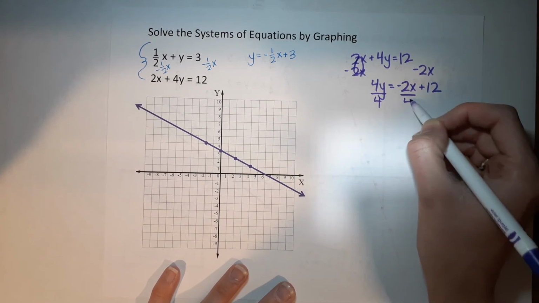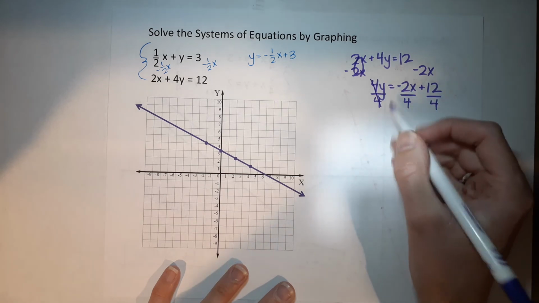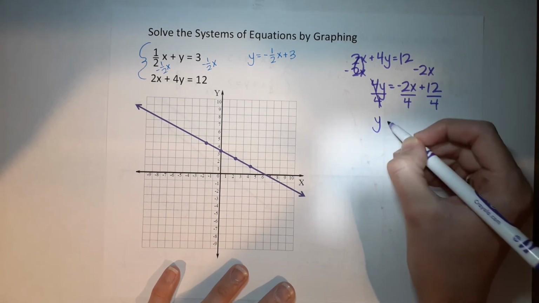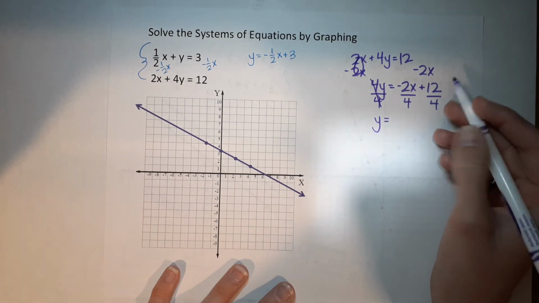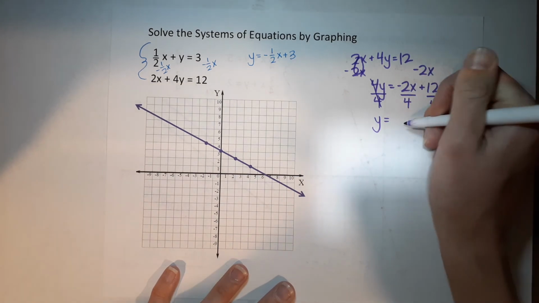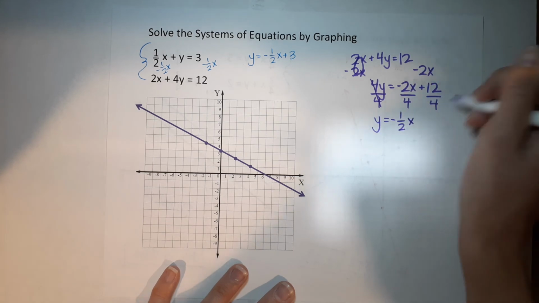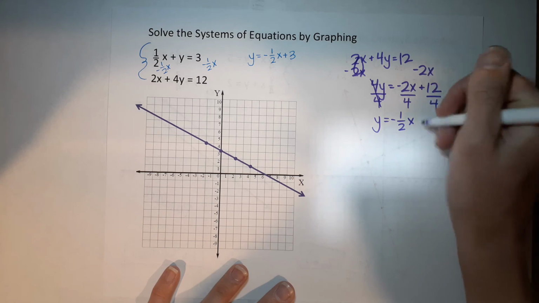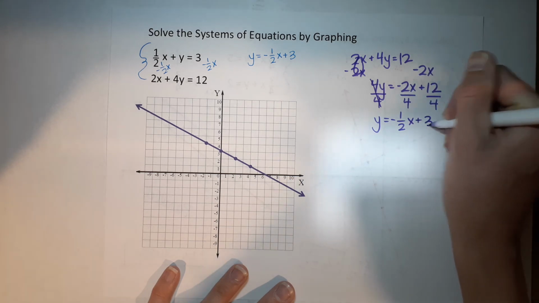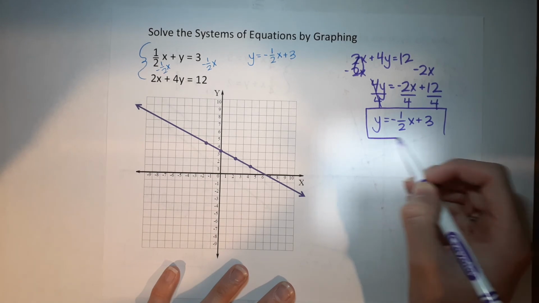Those are being multiplied, so I'm going to divide everything by 4. 4 over 4 gives me 1, so I'm just left with y equals negative 2 fourths, which simplifies down to negative 1/2 x. And then 12 divided by 4 gives me 3. So I've got y equals negative 1/2 x plus 3.